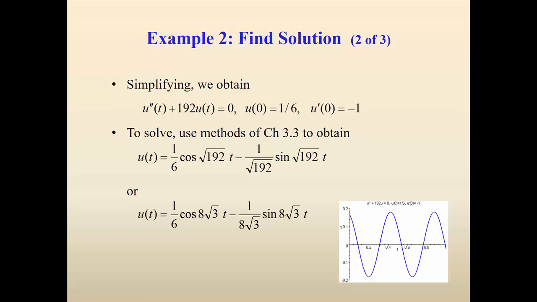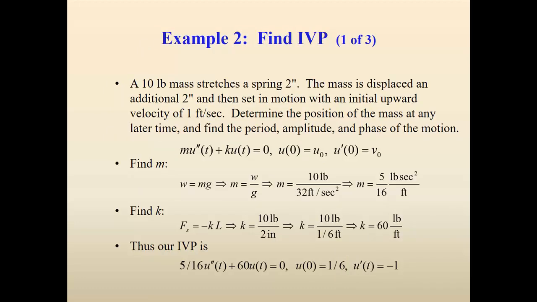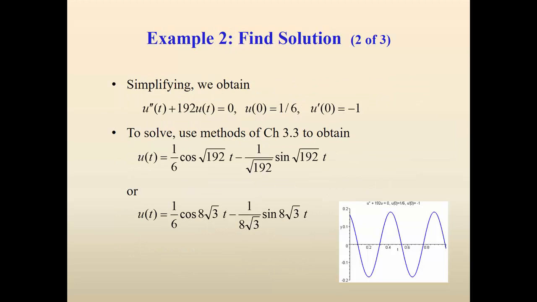So that number keeps coming back. Well, if you remember, we always get this from dividing k divided by m. So omega naught squared is k divided by m. So the square root of 192 is going to be our frequency.